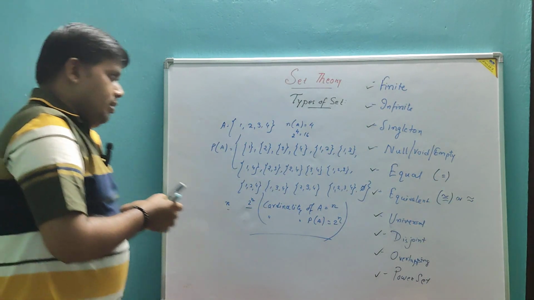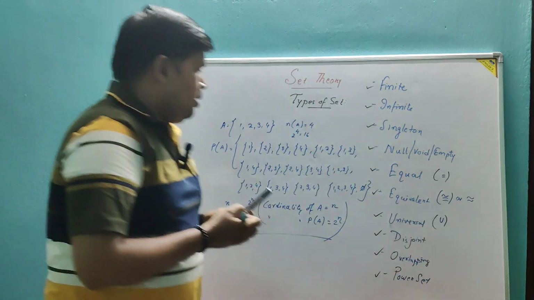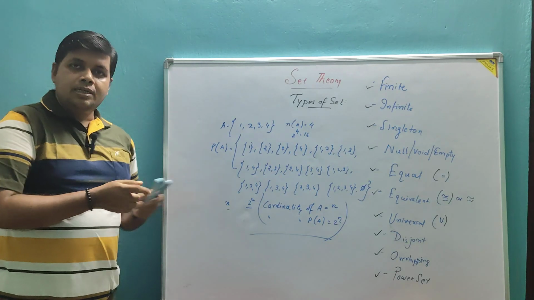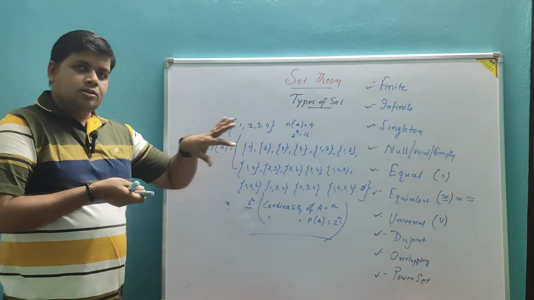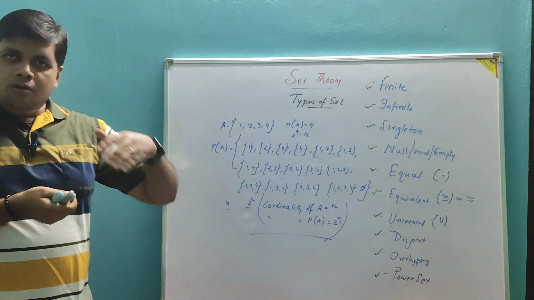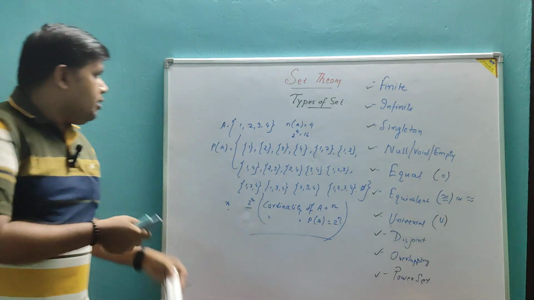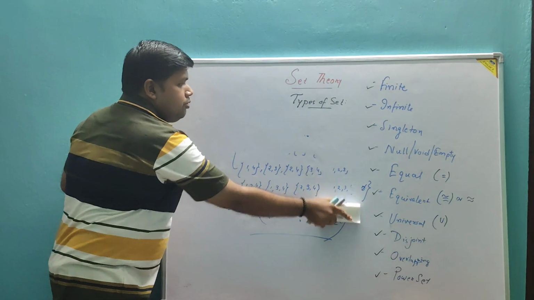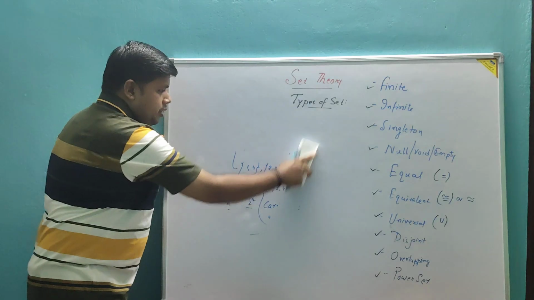Universal set is represented by U, then disjoint set, overlapping set, and power set. Power set is represented by P of A. I hope all these concepts are very much clear. We will make further discussions on this, and these terms will be used across different other domains.